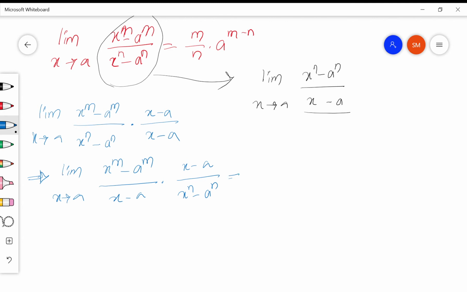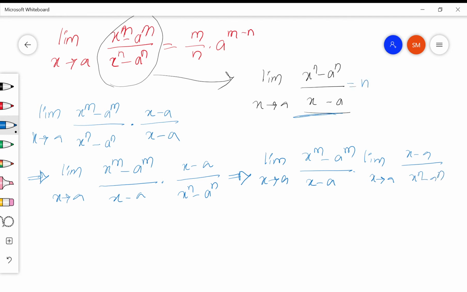Now I divide the limit using one of its properties: limit x tends to a of f of x into g of x can also be written as limit x tends to a of f of x into limit x tends to a of g of x. So x power m minus a power m divided by x minus a into limit x tends to a of x minus a by x power n minus a power n. So now apply this.